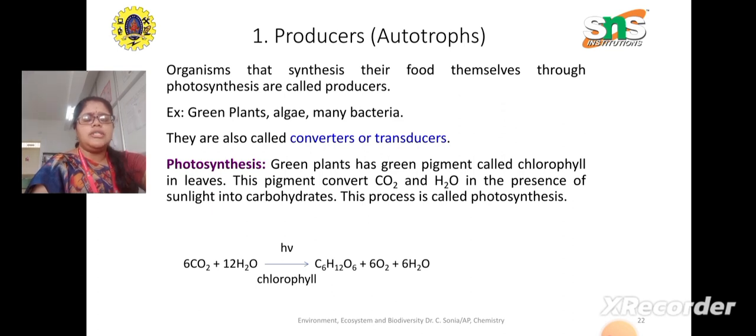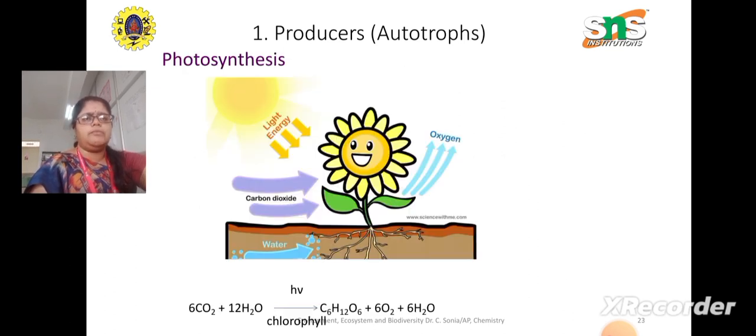What is the photosynthesis process? Green plants have a green pigment called chlorophyll in the leaves. This pigment converts carbon dioxide and water in the presence of sunlight into carbohydrates, and this process is called photosynthesis. You can see in the equation that carbon dioxide and water, in the presence of photons of light energy hν and chlorophyll, give starch, oxygen and water.